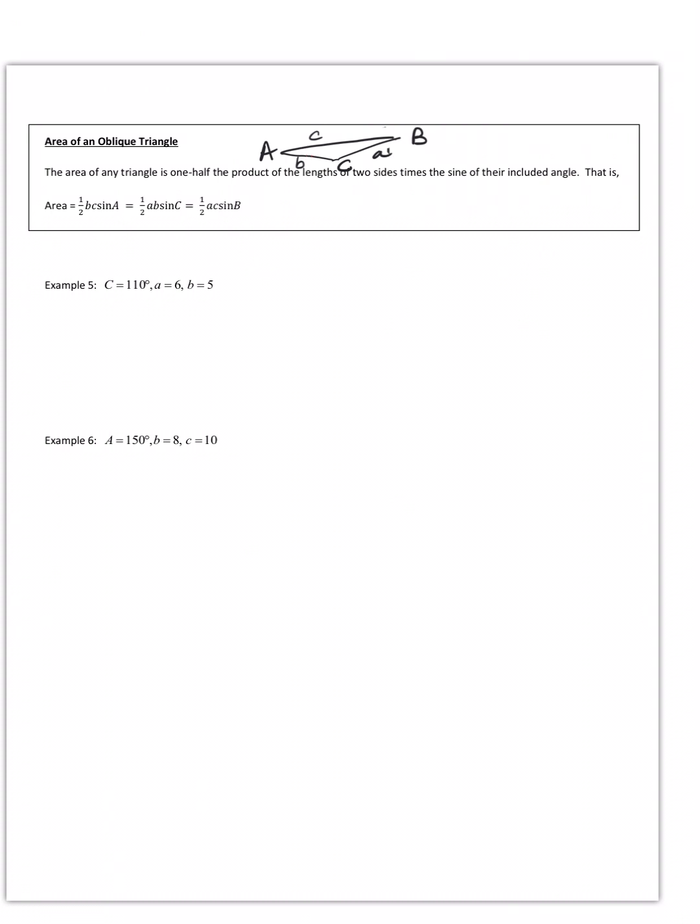So let's look at number 5. Sometimes it helps to draw the picture here. You don't have to be perfect about it. It just helps you visualize, what do I have? I know this is 110. I know little a then is 6 and little b is 5. And do I have the included angle between the known sides? I sure do. So I'm in good shape to use my formula.